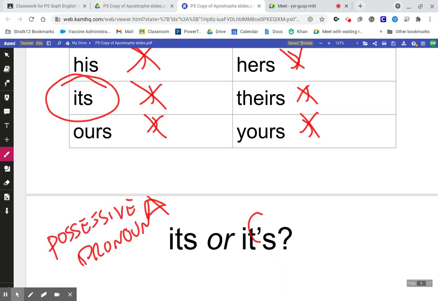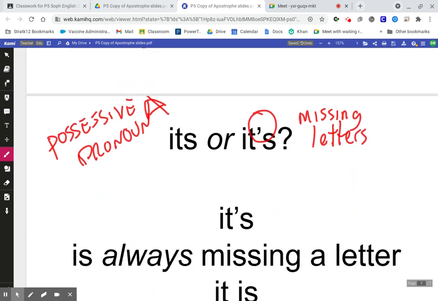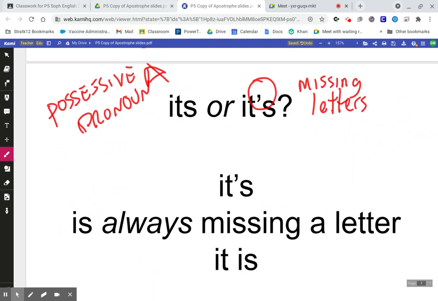So what do you think it's with an apostrophe is? We talked about it at the beginning. That apostrophe is taking the place of what? The apostrophe is taking the place of missing letters. It's with an apostrophe is always missing a letter. So it is.